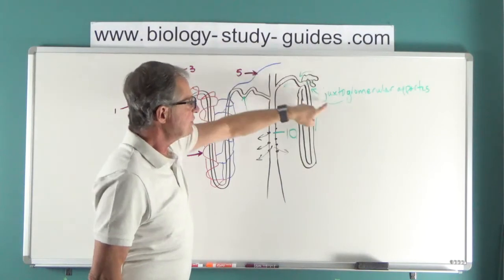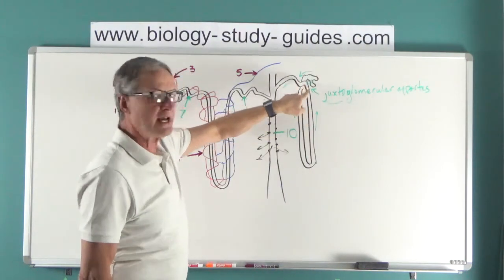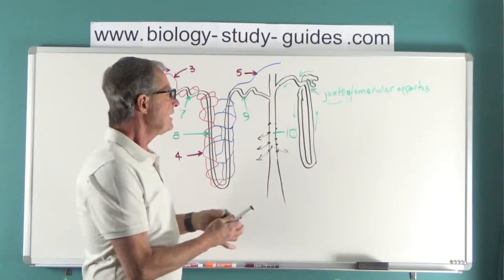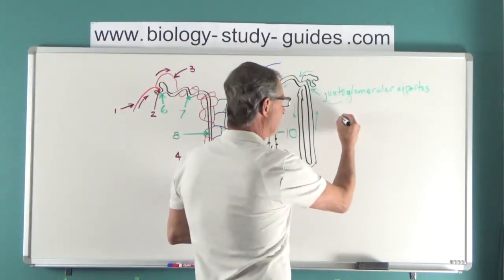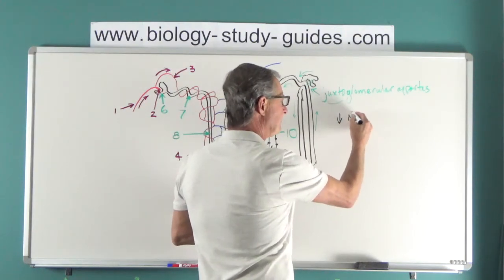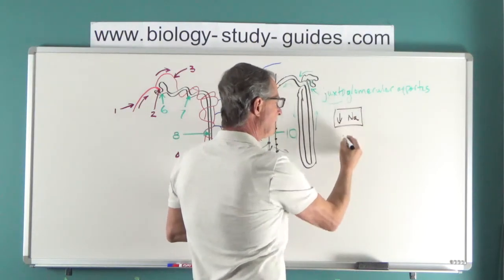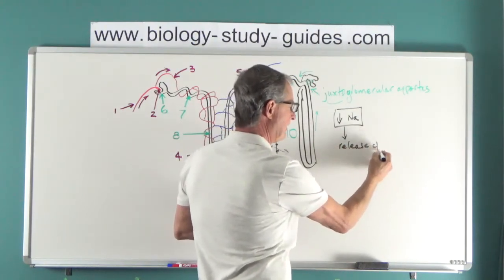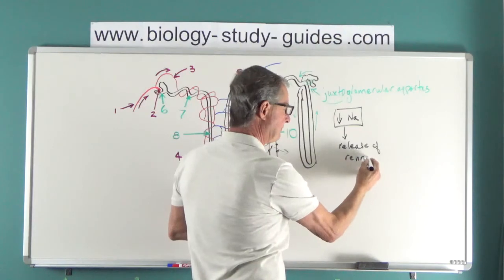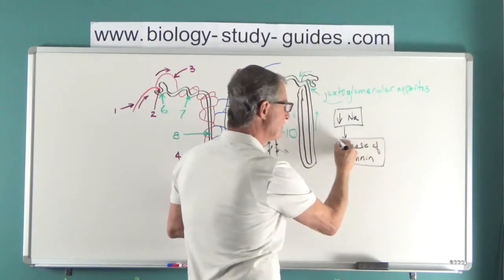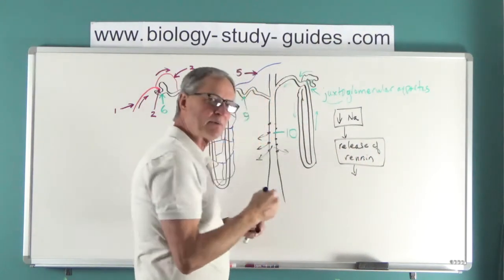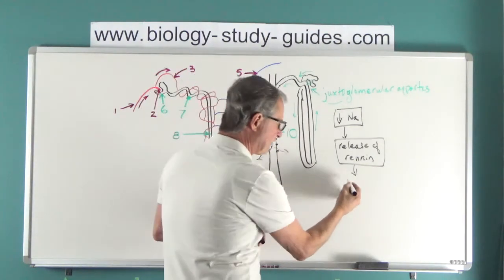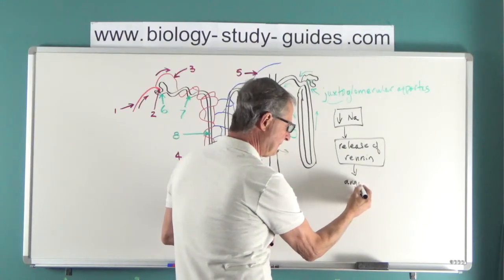What this tissue does is it detects when there's low sodium in the blood. When there's low sodium in the blood, it causes a release. So here we go, low sodium causes the release of renin. Renin causes a couple of reactions in the plasma which are involved with angiotensin.